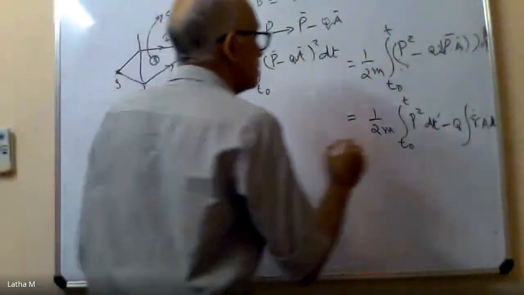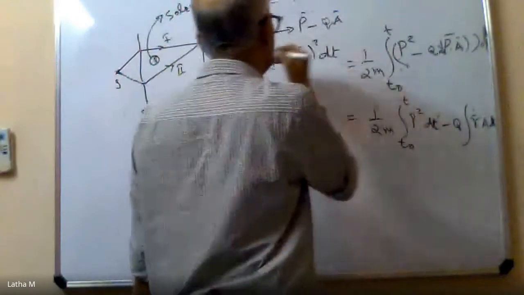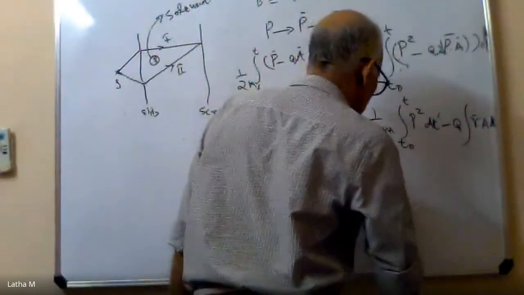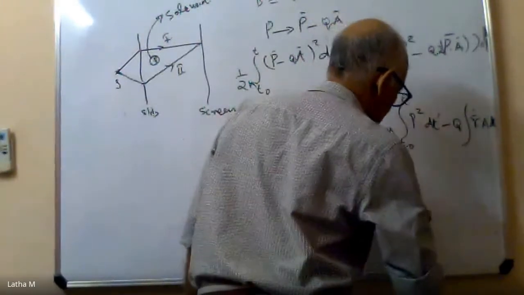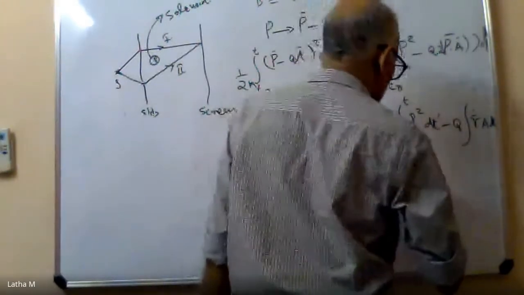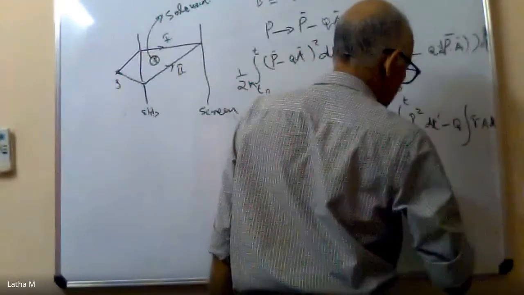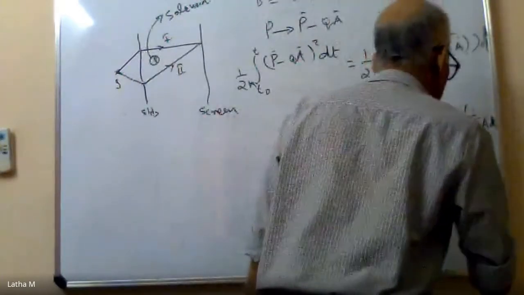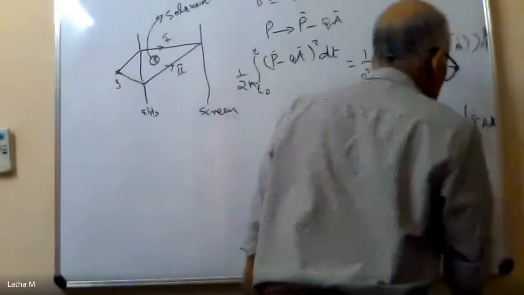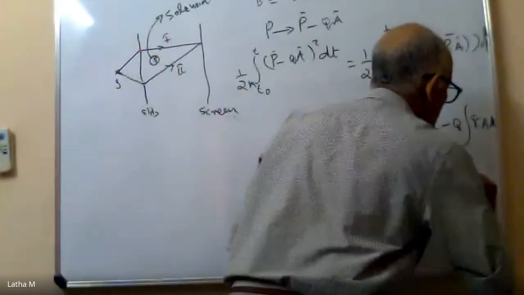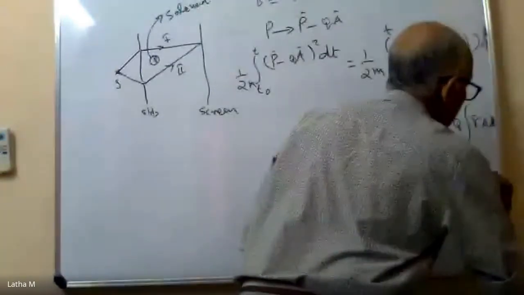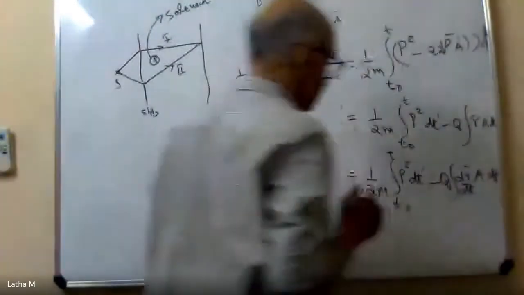And this is the initial term here, without the dt prime, minus Q dr by dt dot A dt.